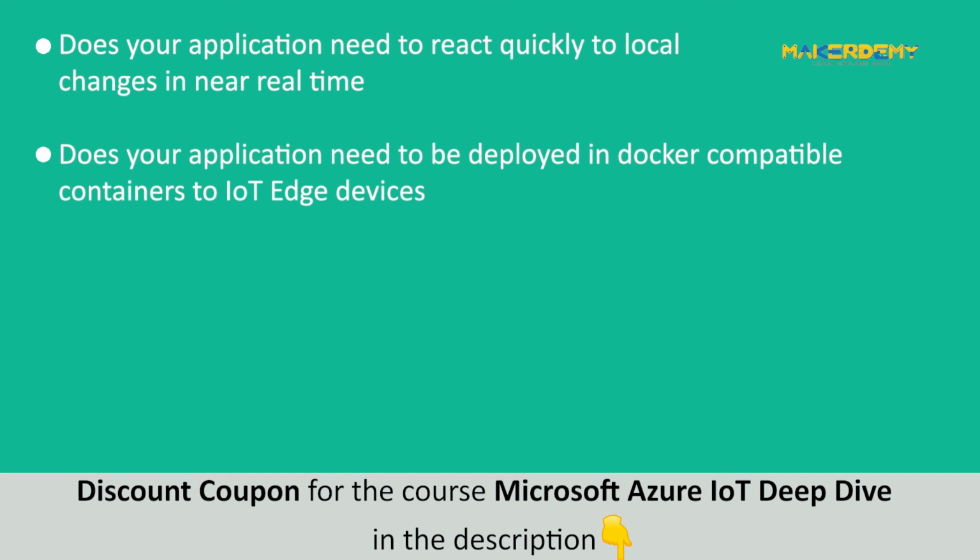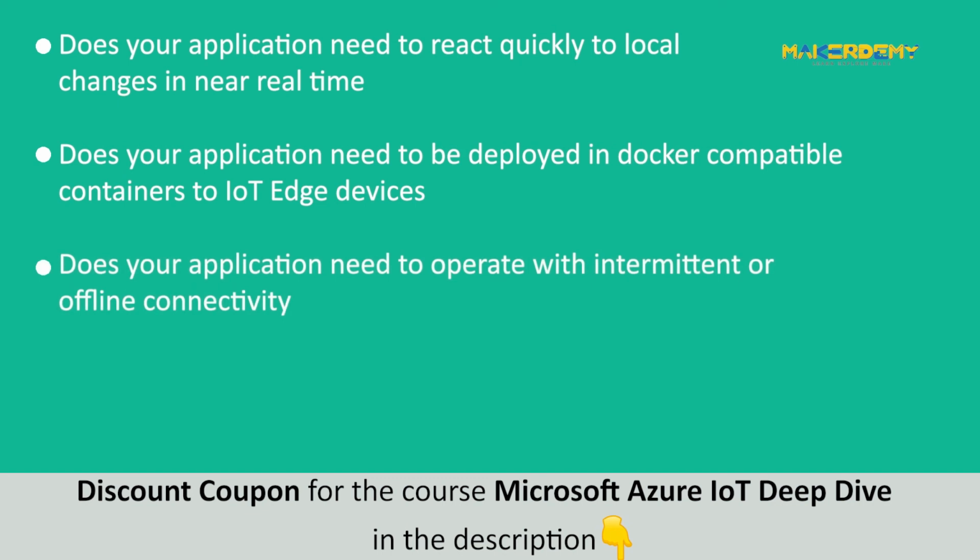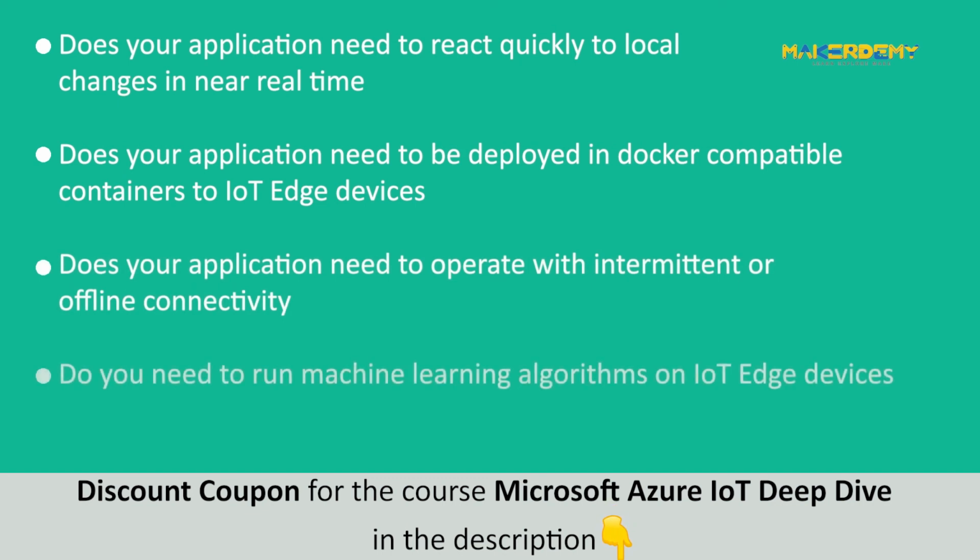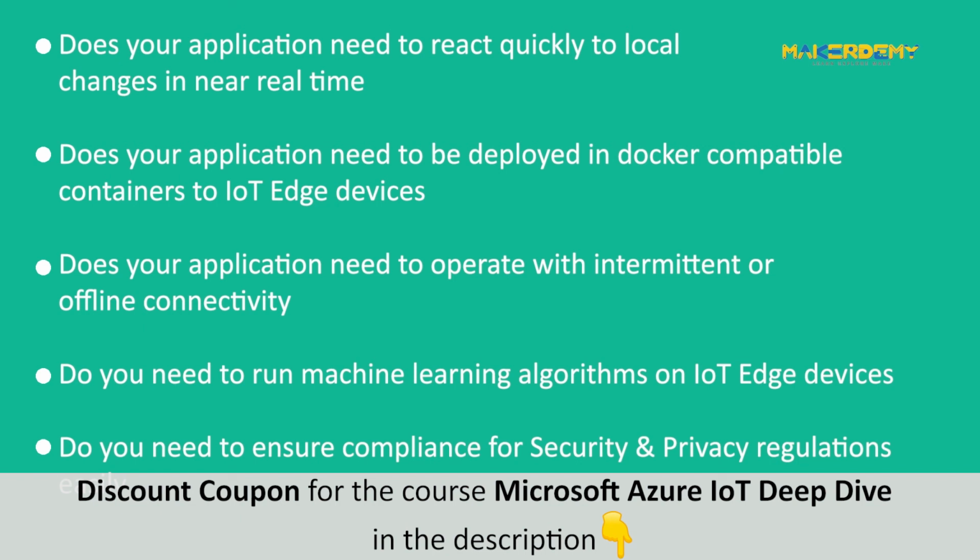Does your application need to be deployed in Docker-compatible containers to IoT Edge devices? 3. Does your application need to operate with intermittent or offline connectivity? 4. Do you need to run machine learning algorithms on IoT Edge devices? 5. Do you need to ensure compliance for security and privacy regulations easily? 6. Do you need to reduce compute and storage costs of your cloud resources?